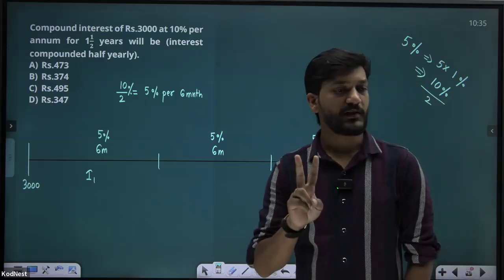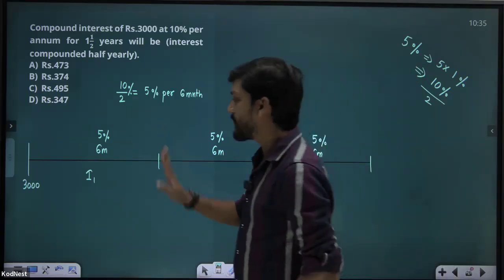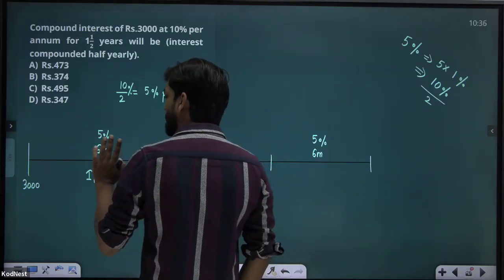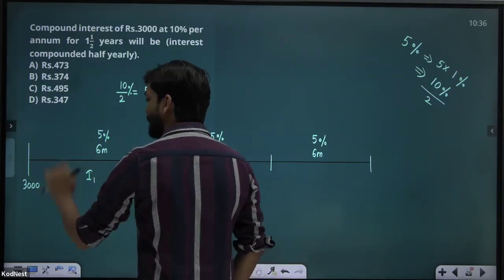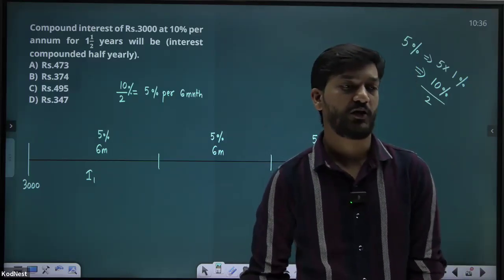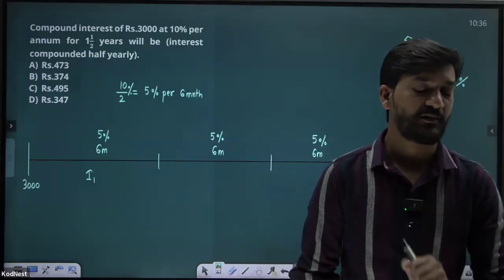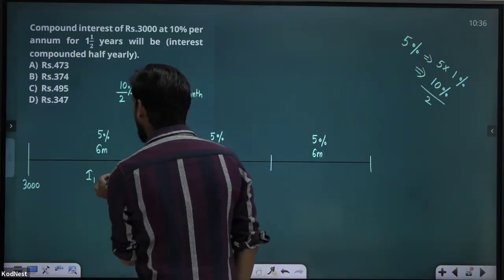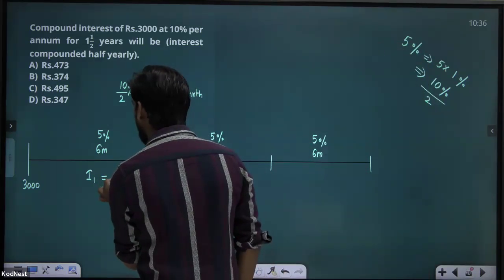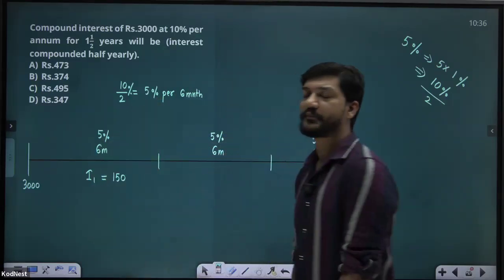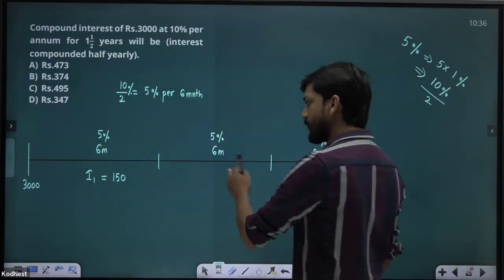So two things we can apply to calculate 5%. So please carefully answer. What is 1% of this? 1% of 3000. How much? Remove 2 zeros, 30. So 5% will be 30 into 5, 150. 1% is 30, 5% will be 5 times. Okay, let's come to the second one.